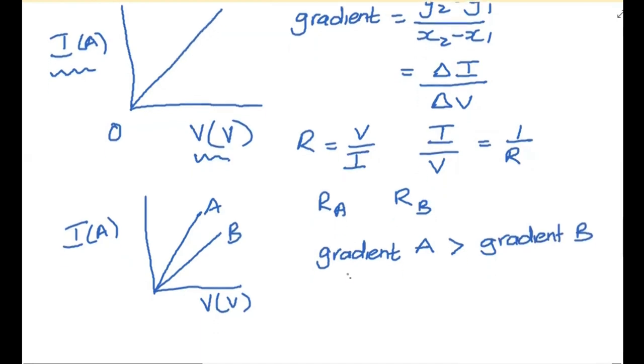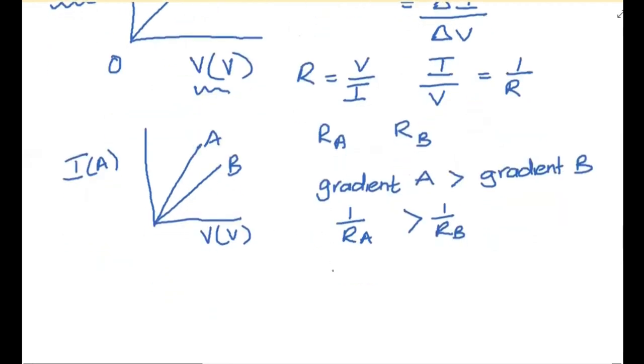It means that 1 over R of A is greater than 1 over R of B, which means, in fact, the one that has the greater resistance is going to be the one that has the lower gradient. So you've just got to be very careful. And one of the questions that we're going to look at just now has one of them where you've plotted it the other way around.